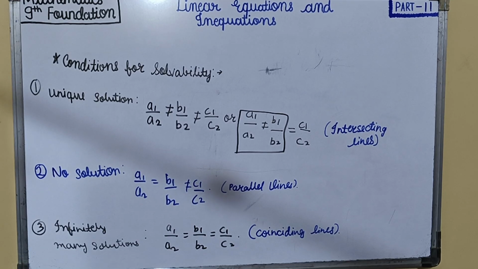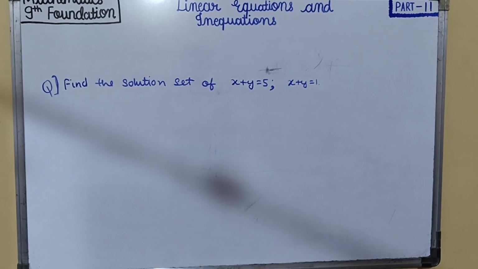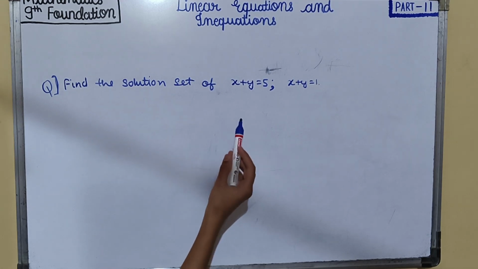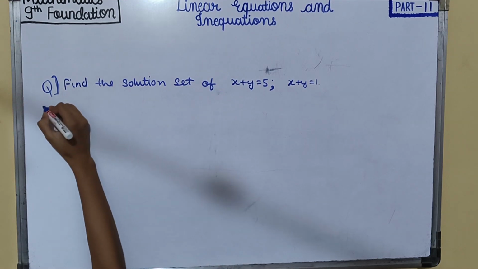So our first example is: find the solution set of x plus y is equal to 5, and the second equation is x plus y is equal to 1. Now we have to find which of the previous three conditions applies here.